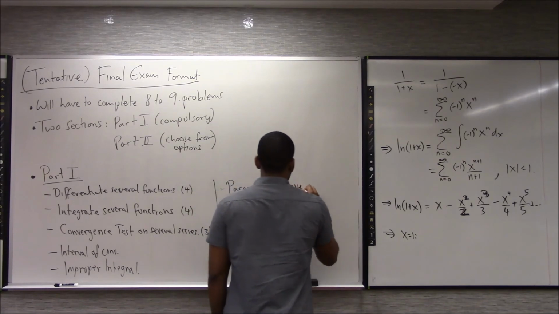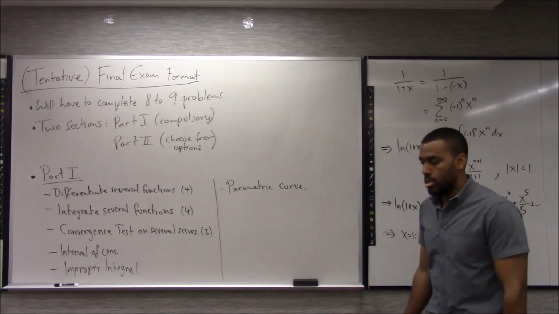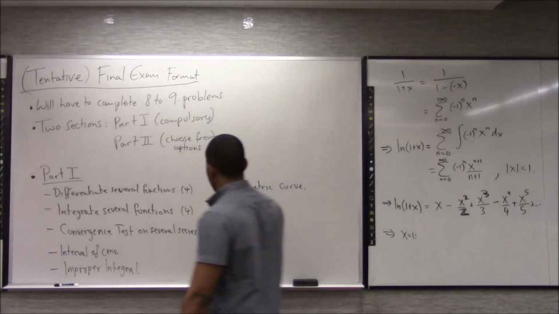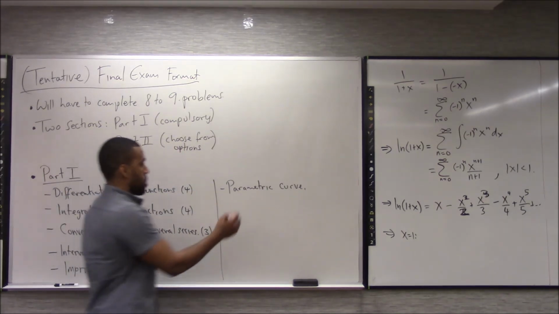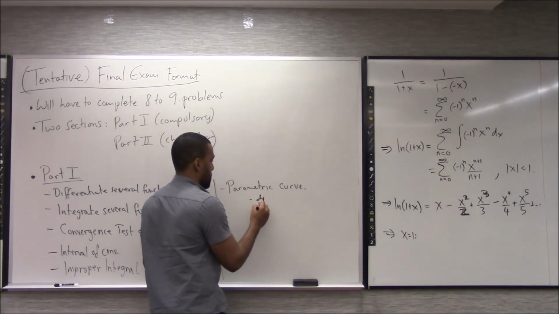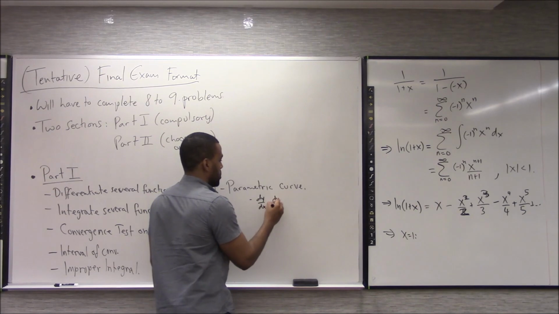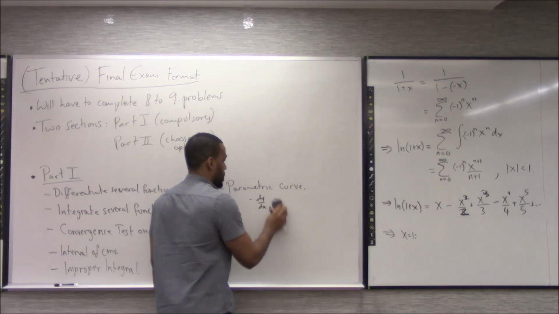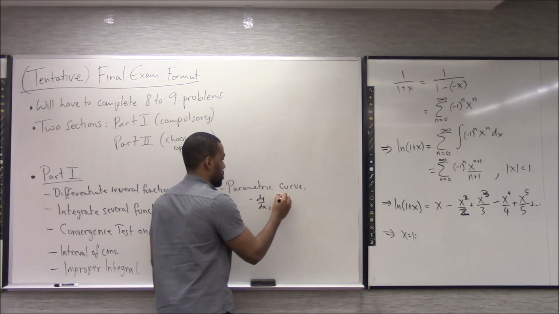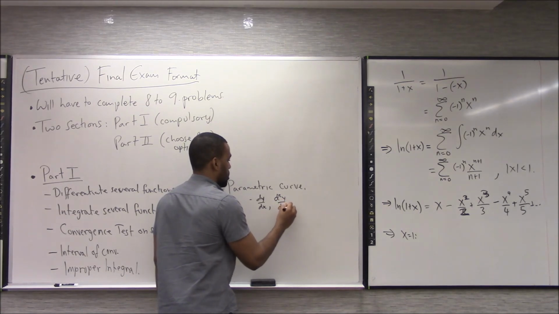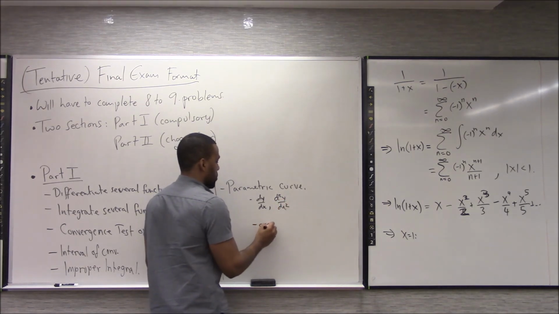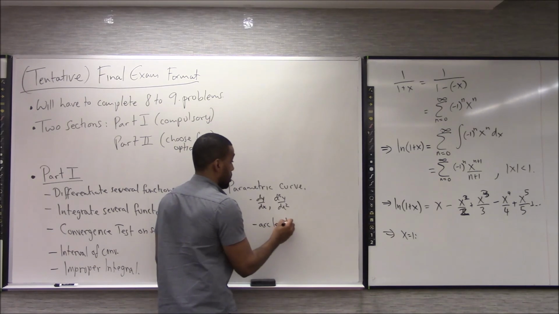And basically dealing with the parametric curves, that's fine, dy/dx and dx/dy. dy/dx and the second derivative. As well as probably the arc length formula for parametric curves, that'll come in the next semester.